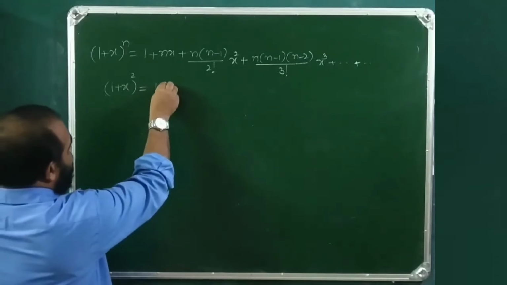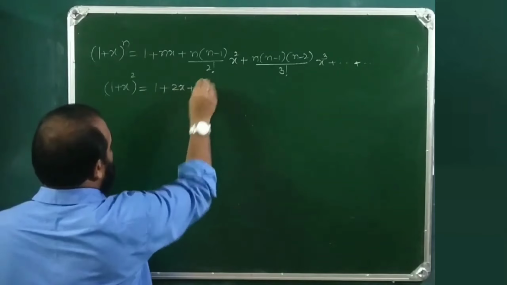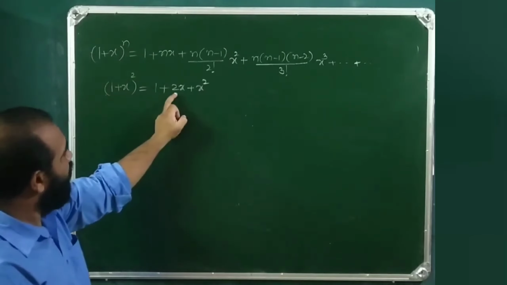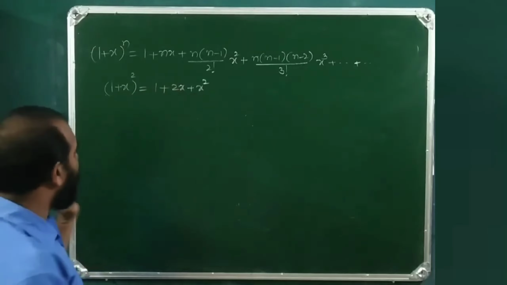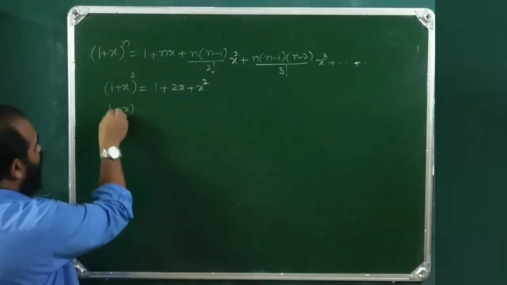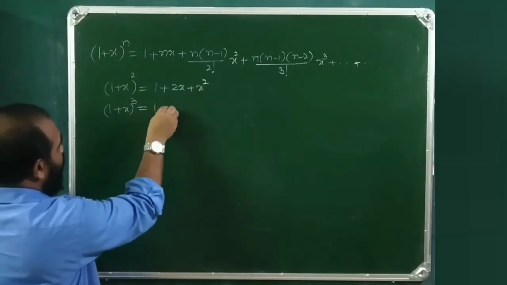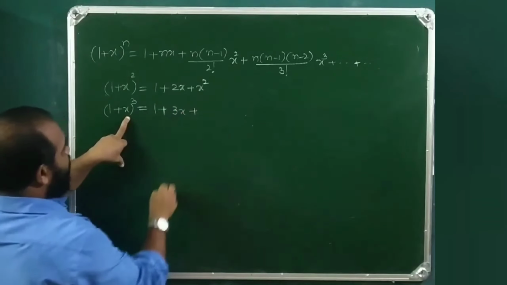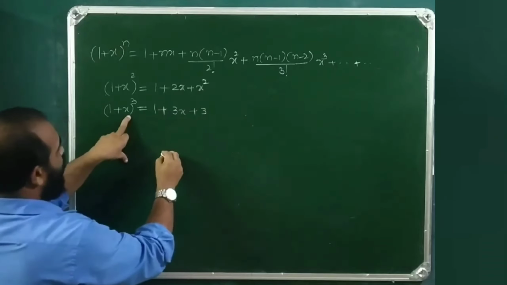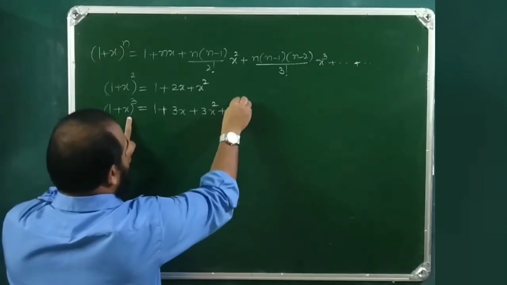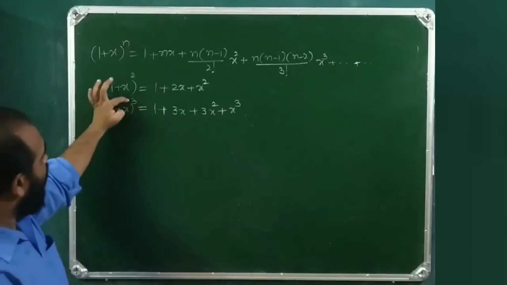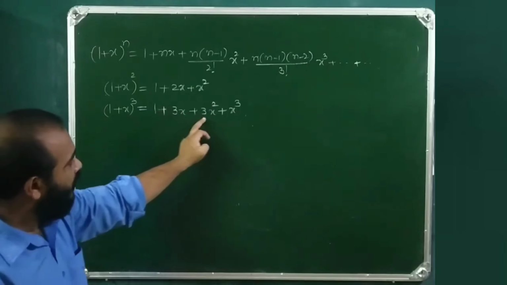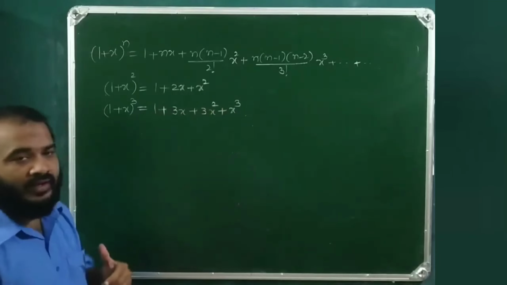So 1 + 2x + x^2, like (a + b)^2 = a^2 + 2ab + b^2. Likewise, (1 + x)^3 gives 1 + 3x + 3x^2 + x^3. So if the power is 3, we have 3 + 1, 4 terms.